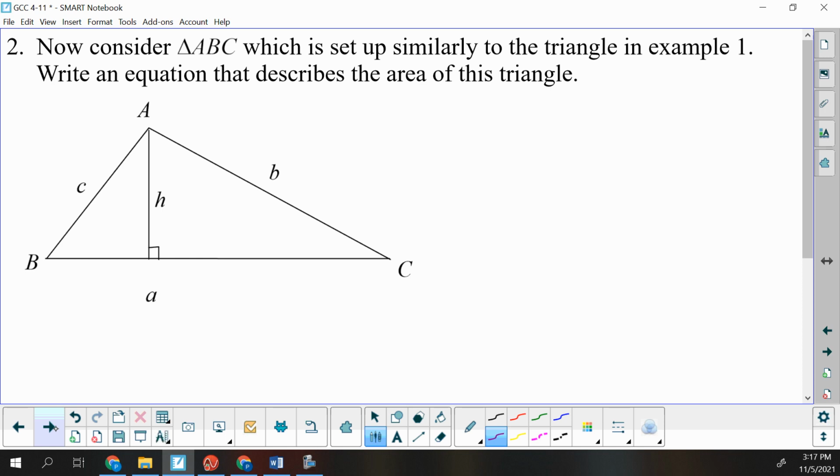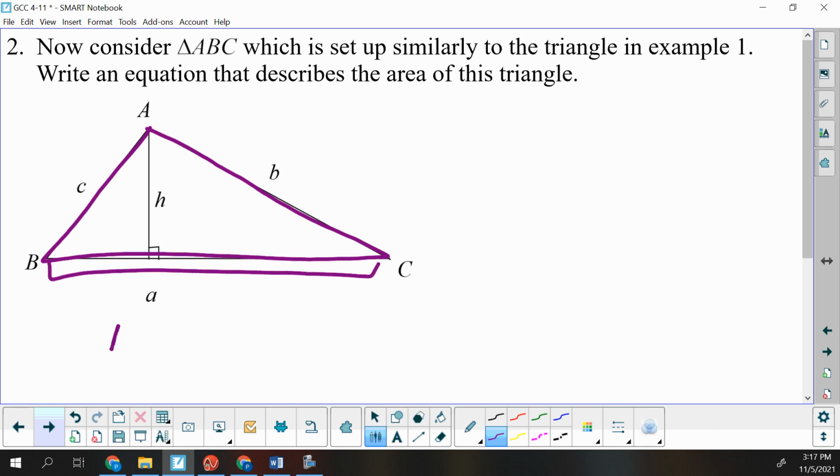We've got this general triangle drawn in here. If we wanted to find the area of that triangle, one thing that we could do is we could take this side. So we'll do area is equal to 1/2. We'll call it little a.